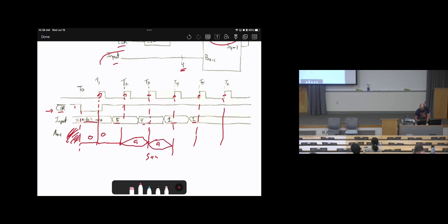Then the next update at T4 is 1, so 9 plus 1 will be 10, and let's use hexadecimal, so 10 means A. Then the next update is, I think, 2, not 1. So A plus 2 equals C. Then there is another 2 at T6, so C plus 2 is equal to E.